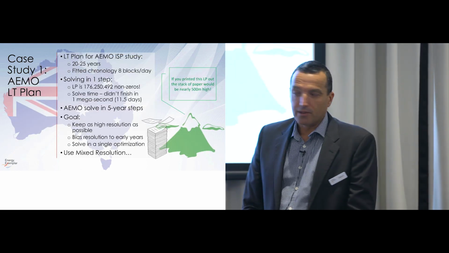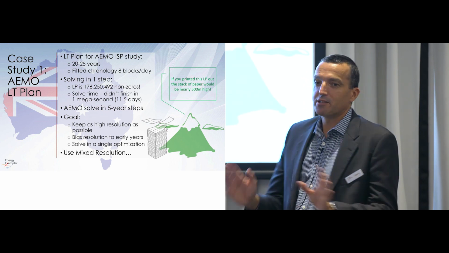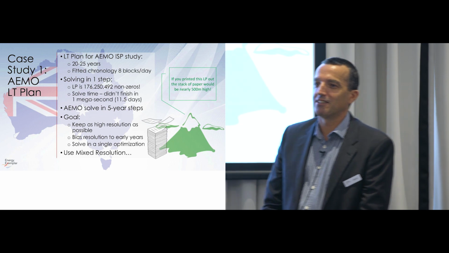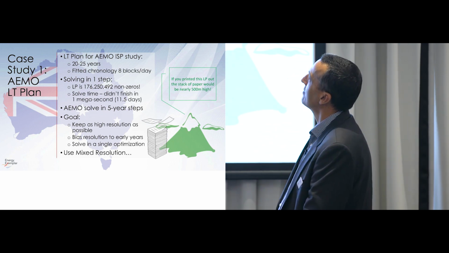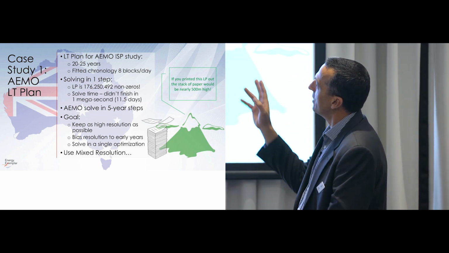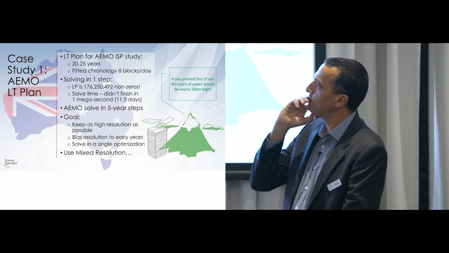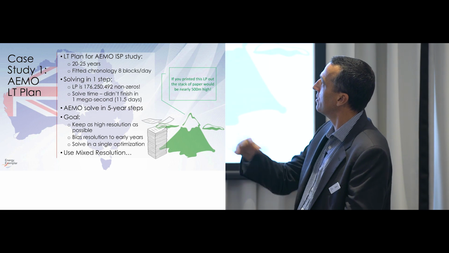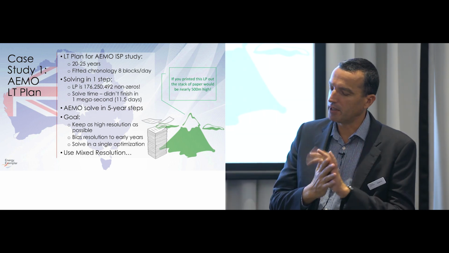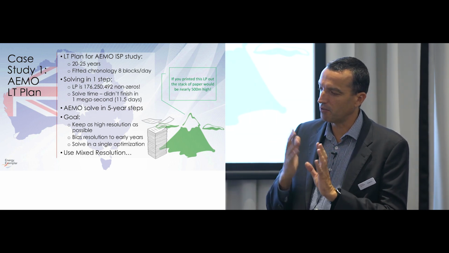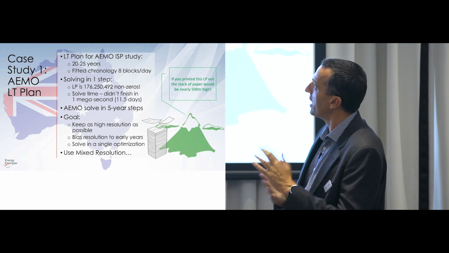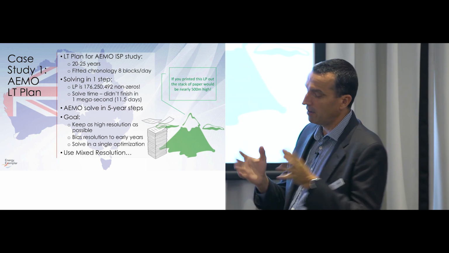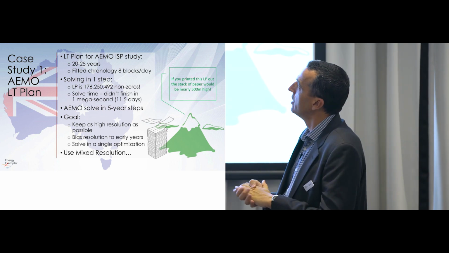So here's an example, and I'll caveat this by saying it's a very early test model from AEMO's ISP, so this is not their full-scale thing, but some of the test models I got were 20 years and some of them were 25, so in that range. They want to model as much detail as possible, and they've landed on eight blocks a day in the fitted chronology as their ideal approach.